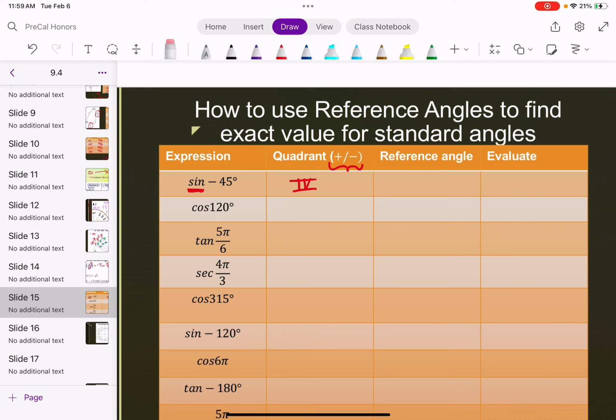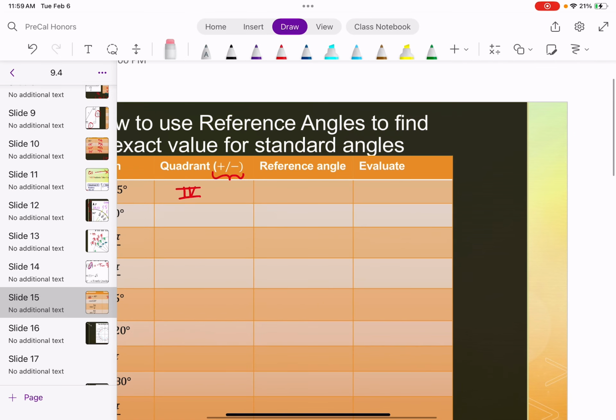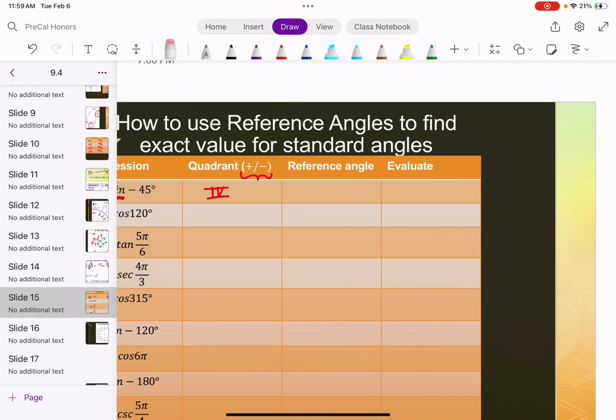If you were to go back to slide 11, this is where we go over "all students take calculus." That is going to tell you which of our trig functions is positive and where. So in quadrant 1, all of them are going to be positive.